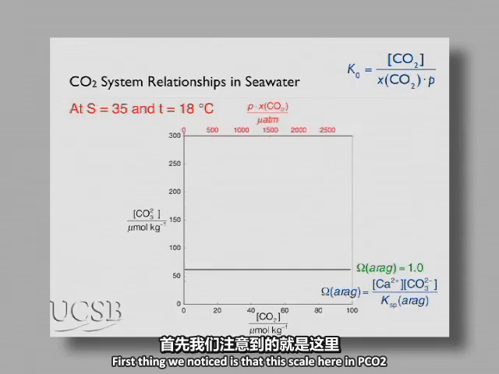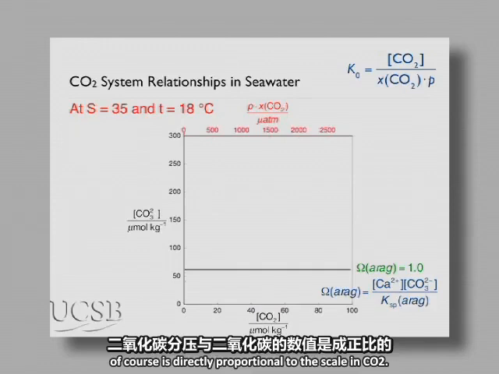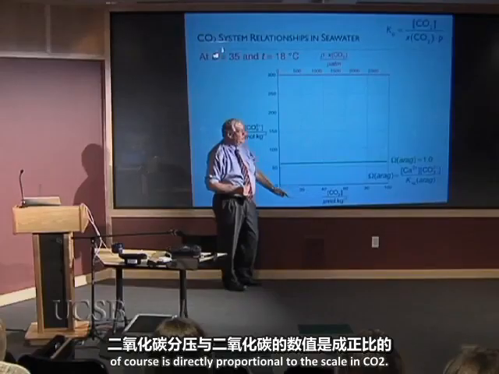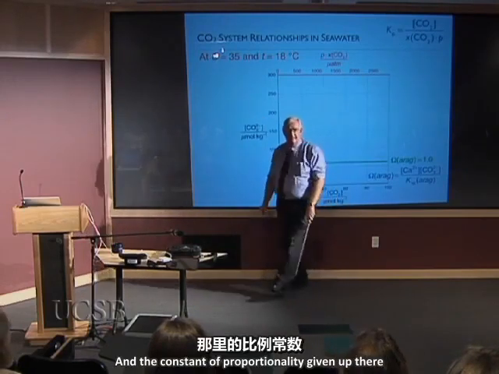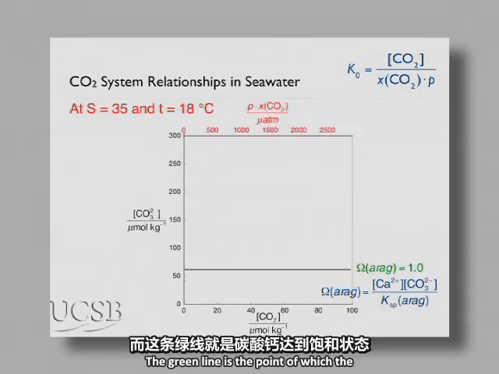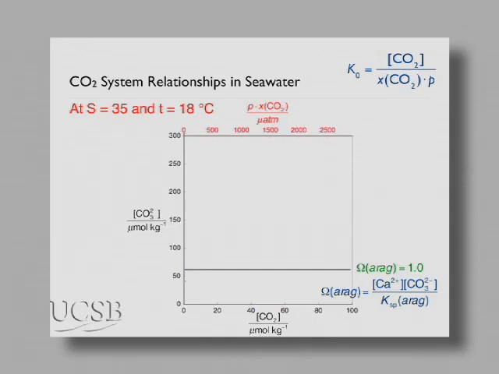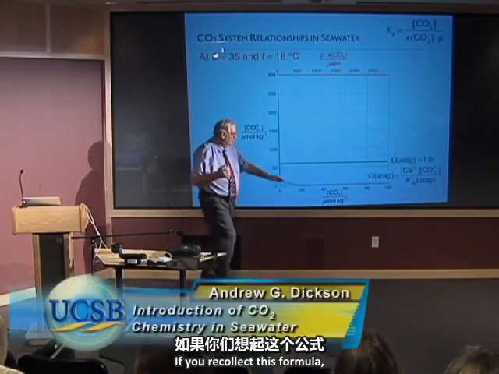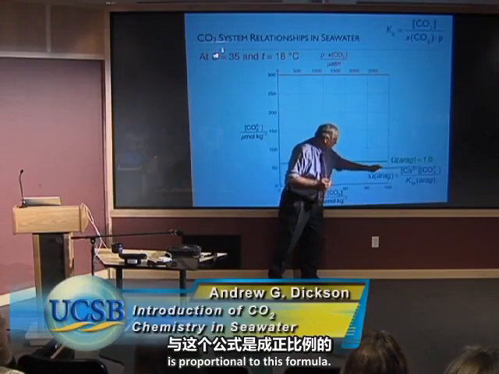First thing we notice is that this scale here in PCO2, of course, is directionally proportional to the scale in CO2. And the constant of proportionality given up there as the equilibrium constant. The green line is the point at which the saturation state of the calcium carbonate form aragonite is equal to 1. If you recollect this formula, essentially we're saying that the saturation state is proportional to this formula.